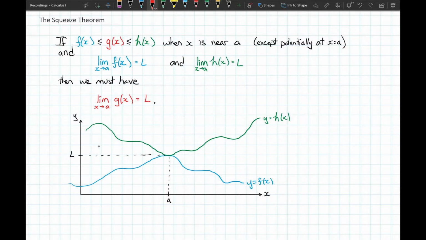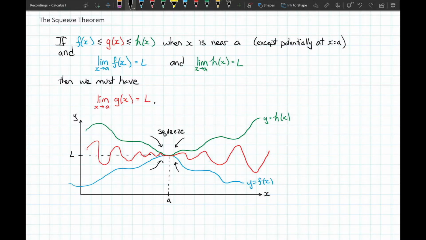So why don't I just start off with some sort of graph? It can do all kinds of weird behavior as long as it's a function. And you see how if it has to be between the other two functions, this is where the idea of the squeeze comes in. The green function and the blue function are squeezing the red function, and the red function is forced to pass through this little narrow gap here.